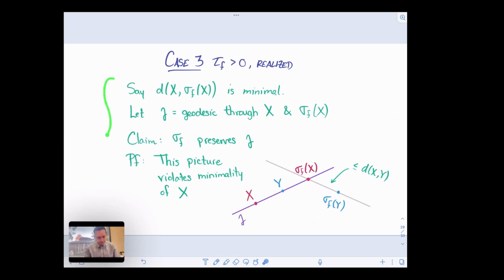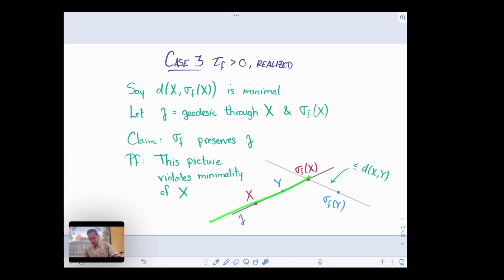This is the same picture as in the Bers proof. So you assume that τ is greater than 0 and realized, and what you show is that there's a geodesic in Teichmüller space that's preserved. You look at a point x, the x that realizes the minimum, you look at σ_F of x, and you show that that whole line is preserved.